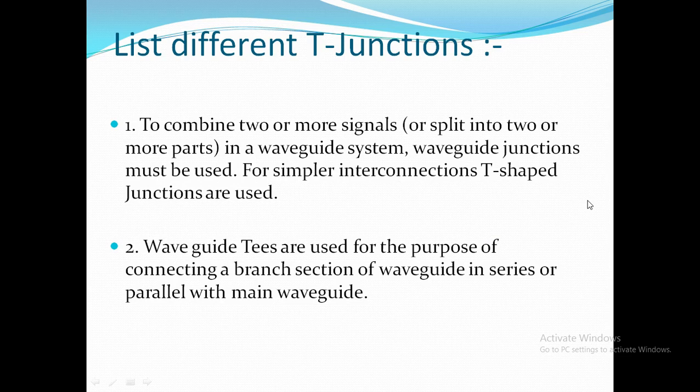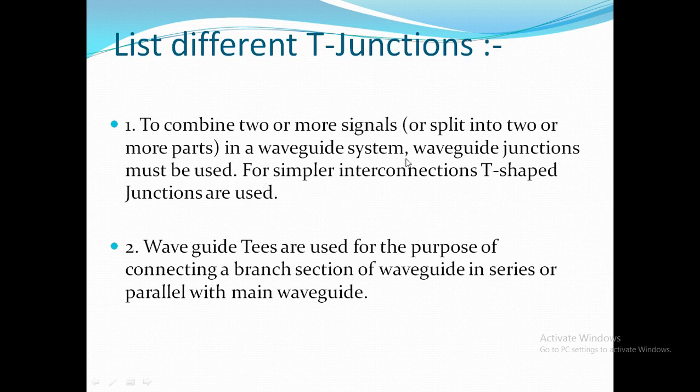First of all, what is a T-junction? To combine two or more signals or to split them into two or more parts in a waveguide system, waveguide junctions must be used.